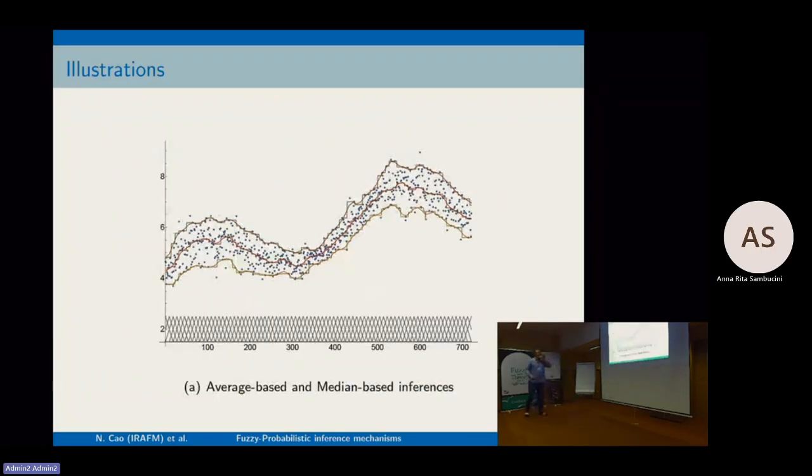And here we have a comparison between average and median based inferences. You can see that the median is like some step function. If we use the average, we get a smoother function, but the results are almost the same, maybe very similar.